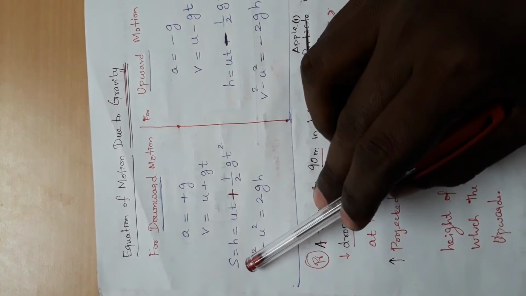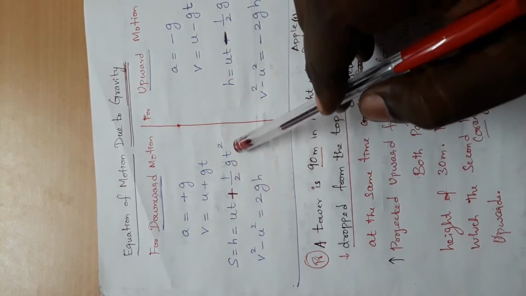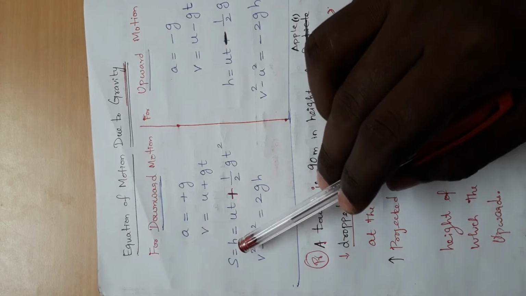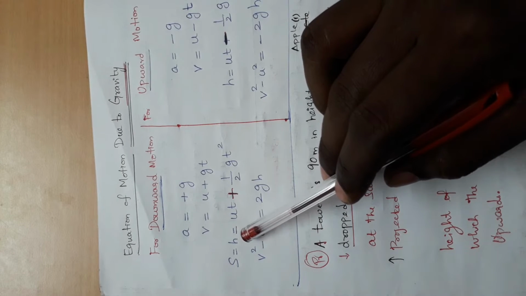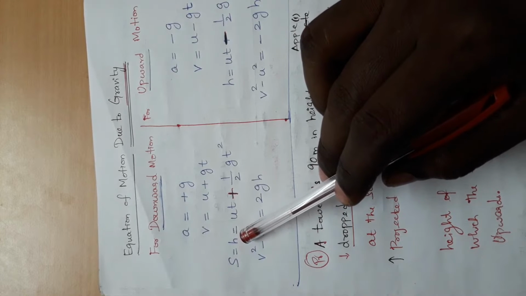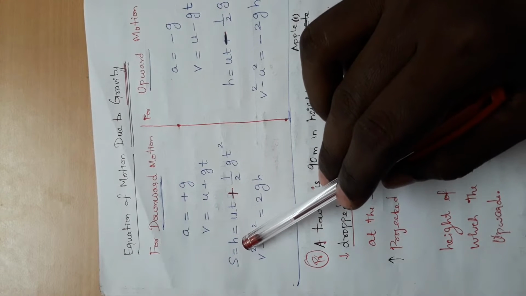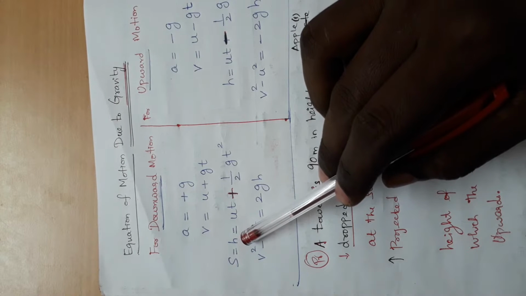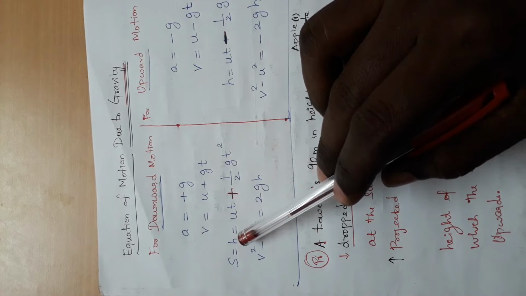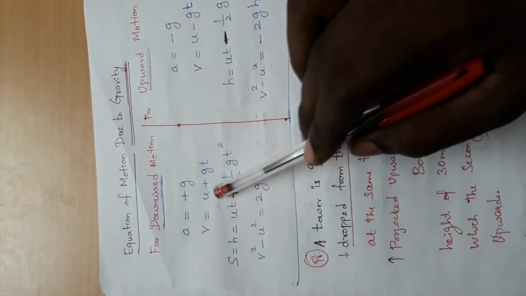Now s is equal to ut plus half at square is the formula which we have seen previously. Instead of that we have to use the term h, because the object does not travel from one place to another, but remains in the same place. Only the height factor is taken into consideration. Either the object moves down or goes up.